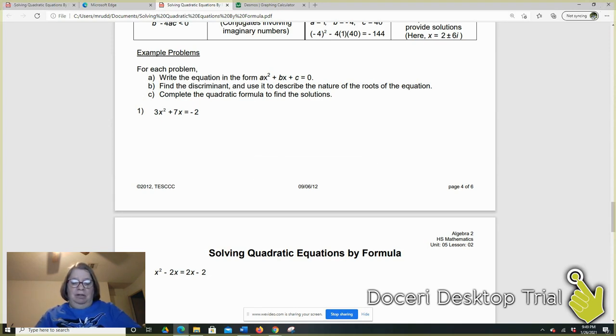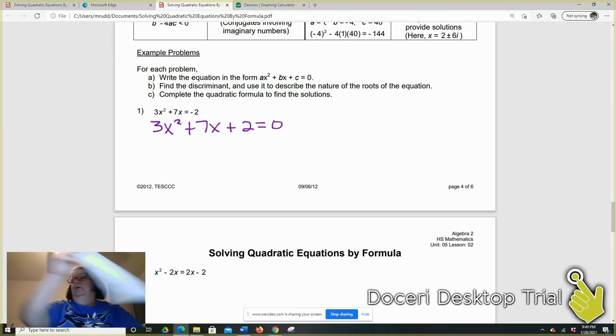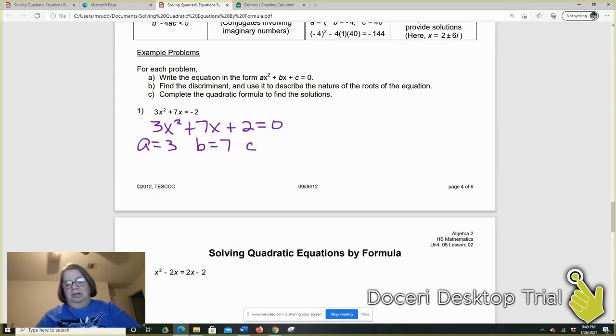So then we have 3x squared plus 7x plus 2 equals 0. What's A? A is 3, B is 7, C is 2. You can go straight from here to the formula.